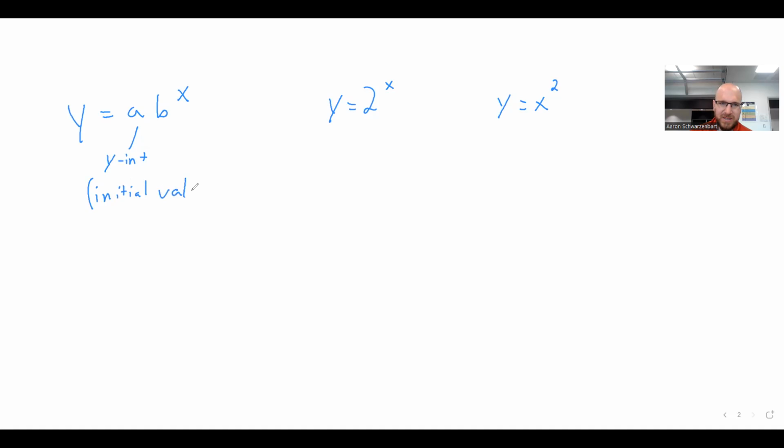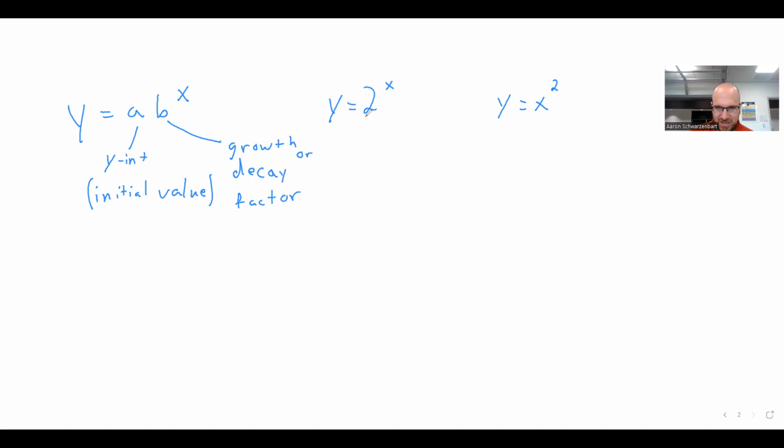Okay. The y-intercept could be moved by shifts, and this b represents our growth, or sometimes exponential decay factor. Growth or decay factor.